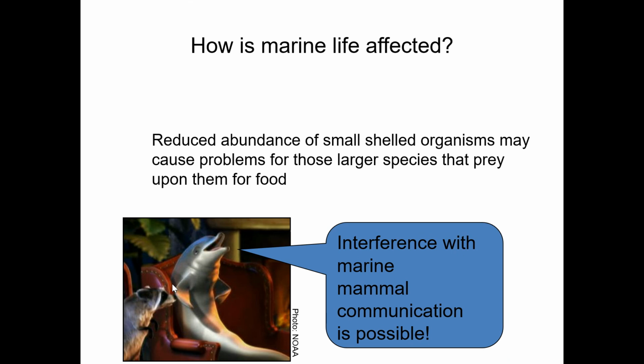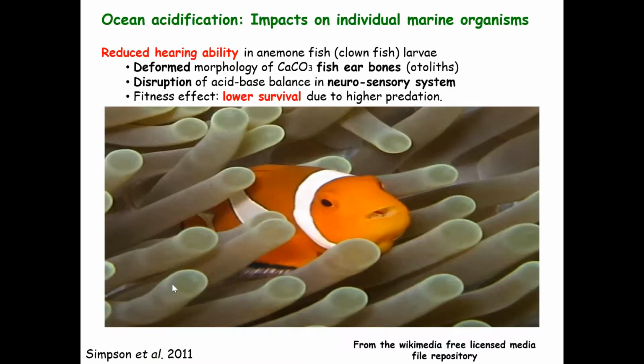Now, what's interesting here is that in the first video they talked about how the clownfish, when the calcium carbonate is not available, its ear bones are going to be affected, just like the dolphin from the previous one or any mammal underwater.